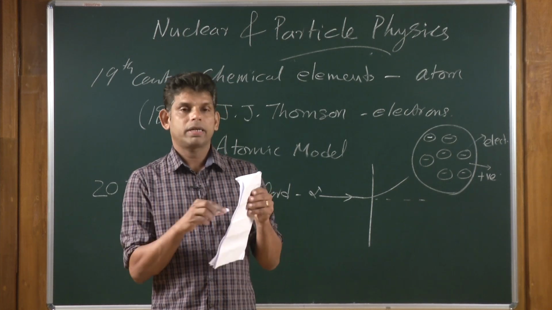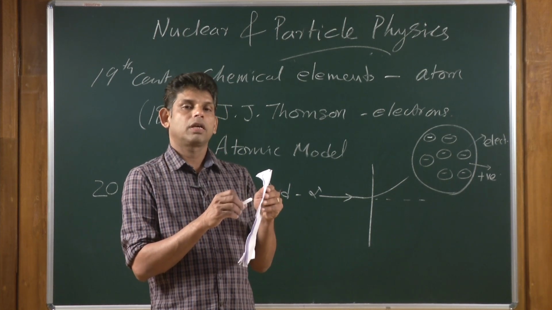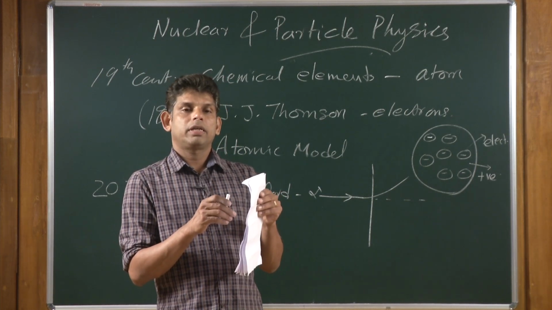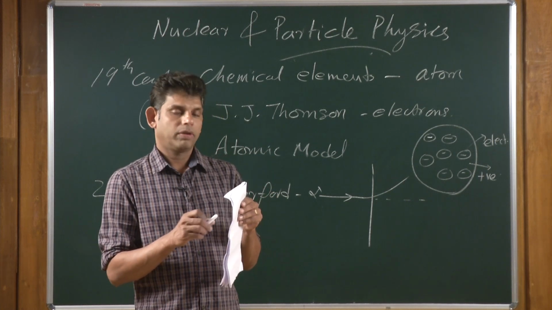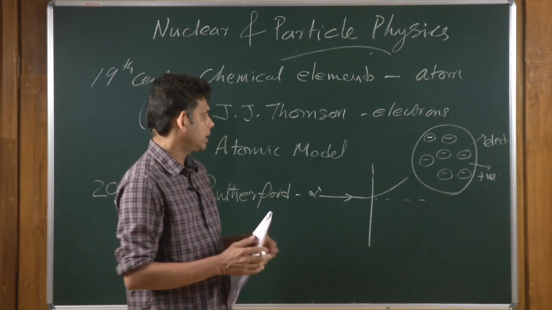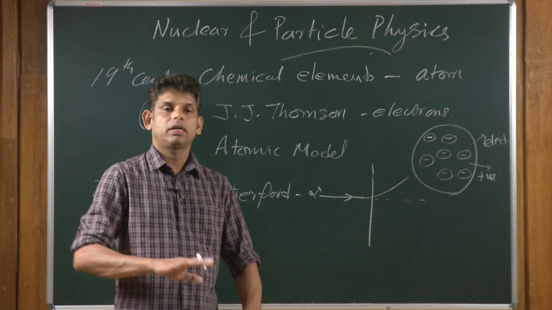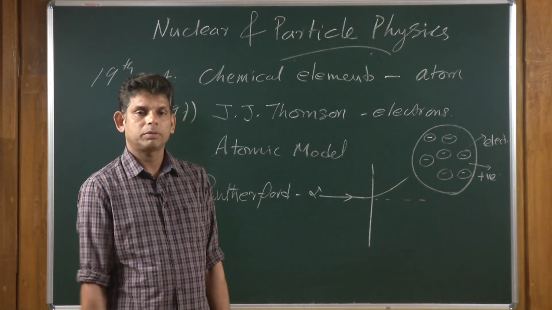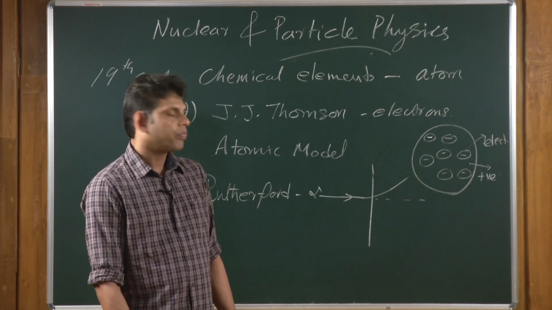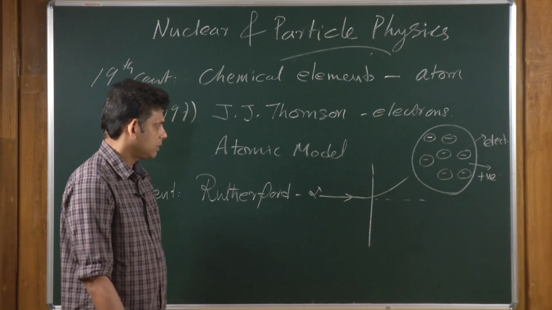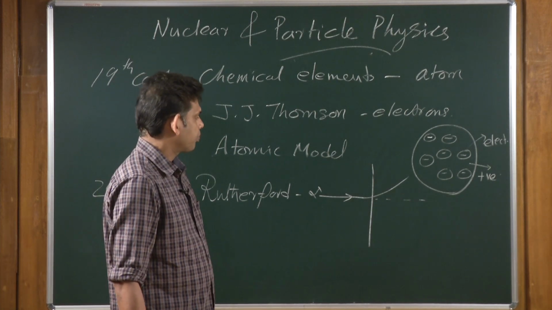There will be an electromagnetic repulsion and they will scatter. If the charge is uniformly spread out in the sphere, then it will be kind of mild. So, that is what was expected.